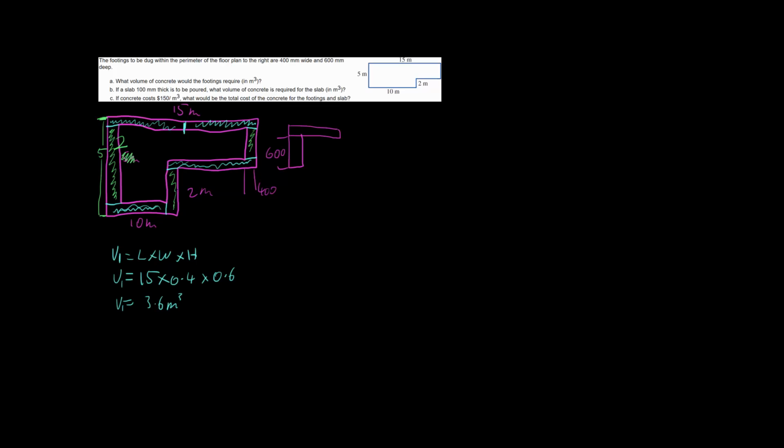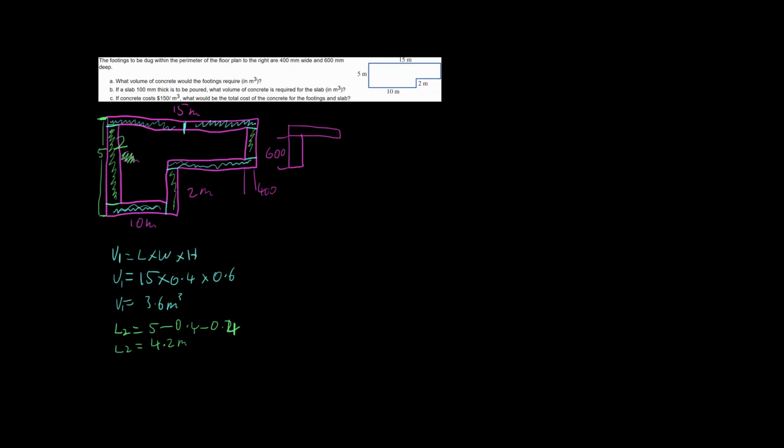But we only want from here up to here. So we need to take off 2 trenches. So the length of section 2 is going to be the 5 meters, and then subtracting off 2 widths of a trench, so 0.4 minus 0.4. And so that gives us the length of section 2 as 4.2 meters.